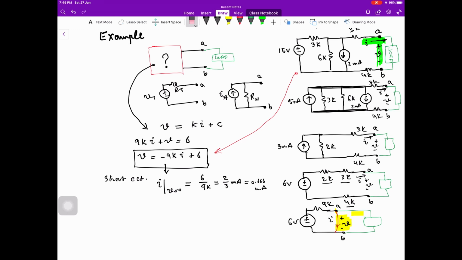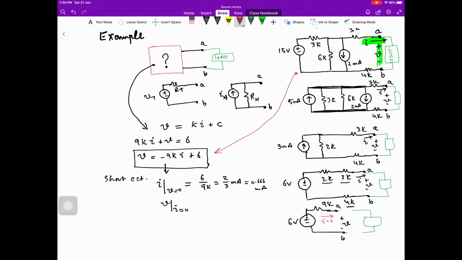Again, what is the voltage when current is equal to 0? Look at the circuit again. When we open circuit over here, the current becomes 0.